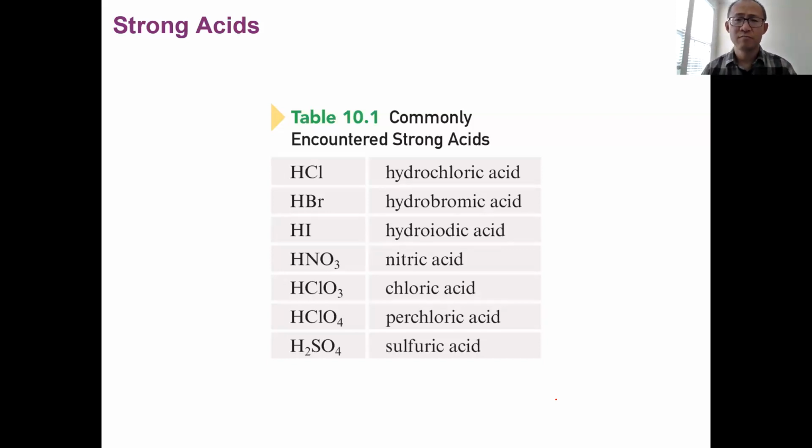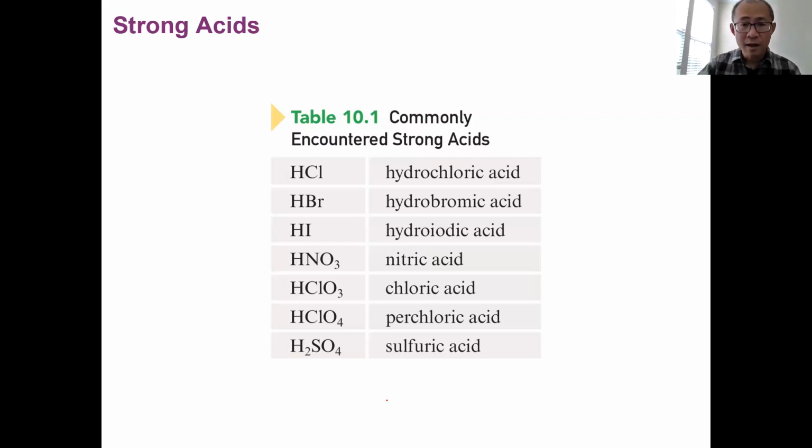we only have 7 common strong acids. There are other strong acids, but these are the most commonly seen. Some books say 6 or 7. Here, our book listed 7, so we memorize those 7. Your lab may list 6. I'm not 100% sure, but between 6 and 7 are commonly listed strong acids.